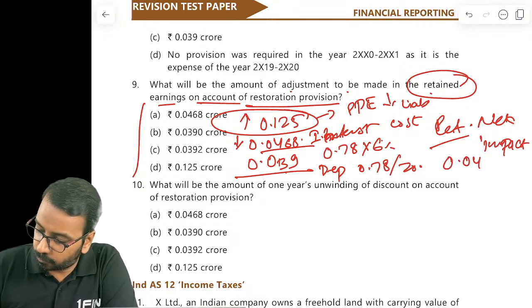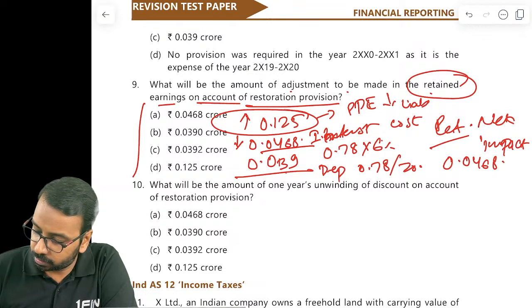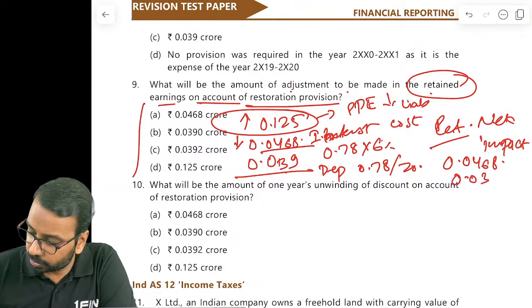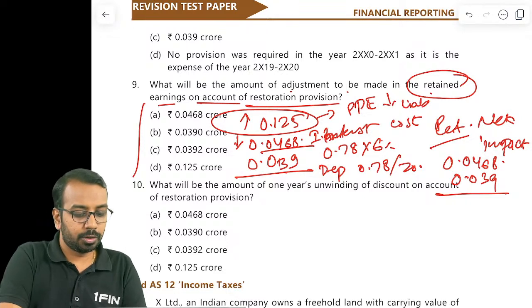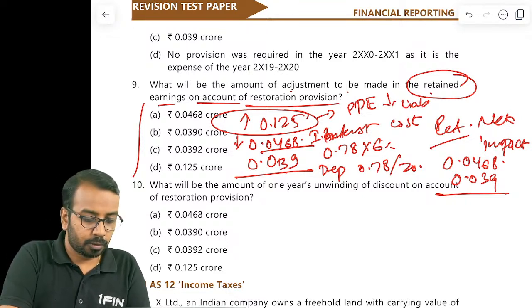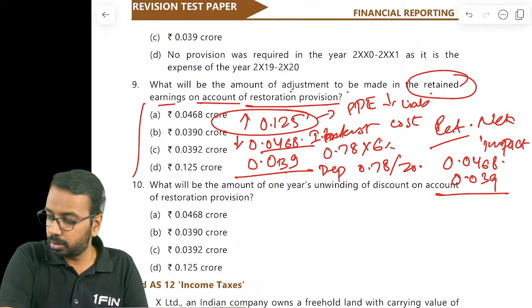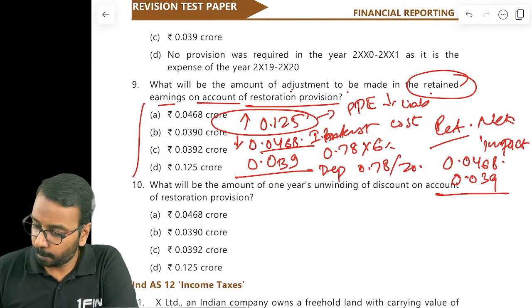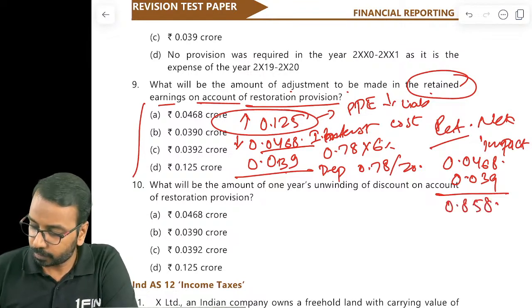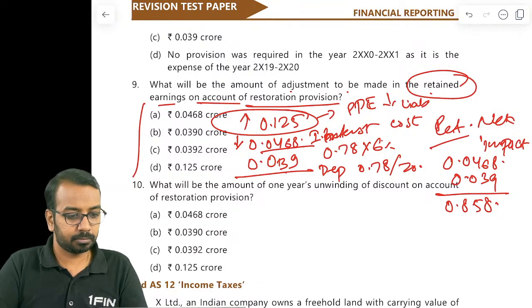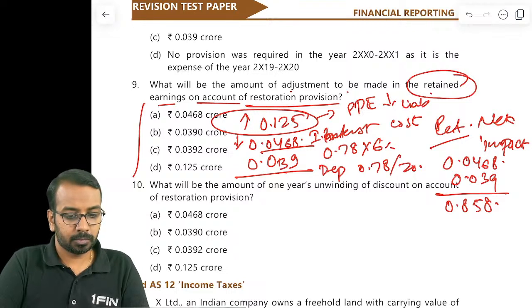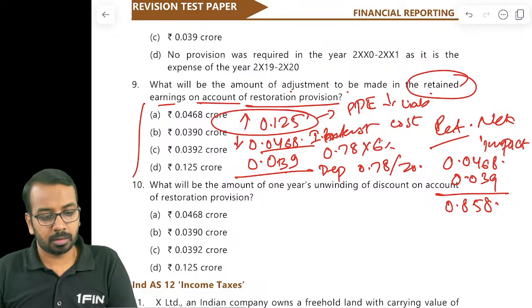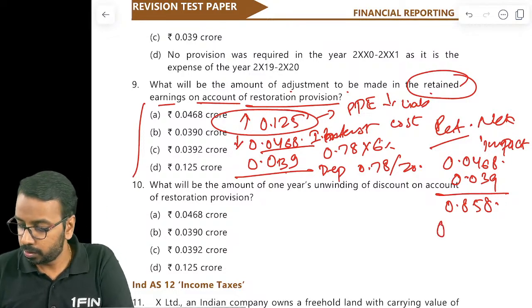So we have 0.0468 as one number and depreciation of 0.039. If I do 0.0468 plus 0.039, I get 0.0858. And what they have made is 0.125.